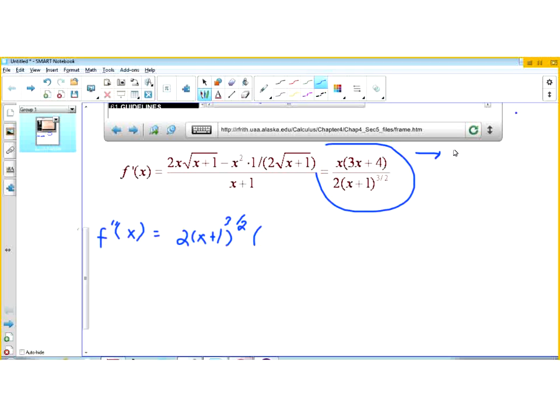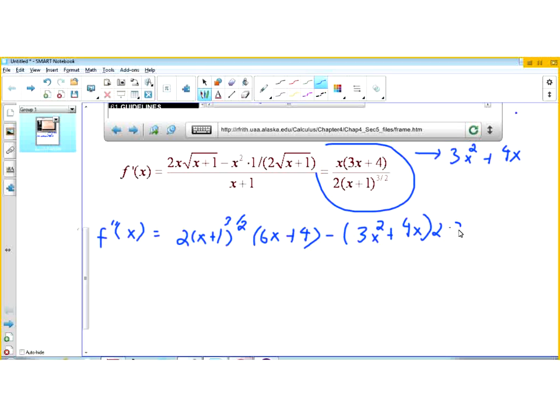So this is equal to, the numerator is what? 3x squared plus 4x, as a polynomial. So its derivative would be 6x plus 4, minus the top function times the derivative with respect to x of the bottom.